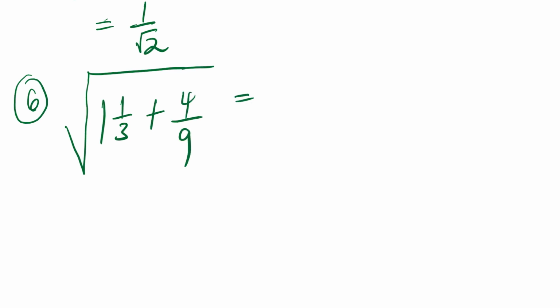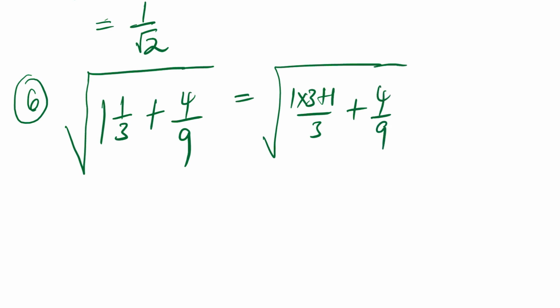We fix this mixed fraction first, and it's going to be 1 times 3 plus 1 divided by 3, plus 4 over 9, and the square root is still there. Then it's going to be 4 divided by 3 plus 4 over 9.